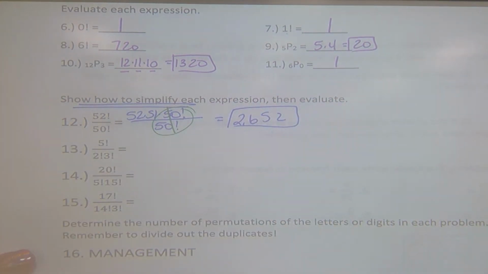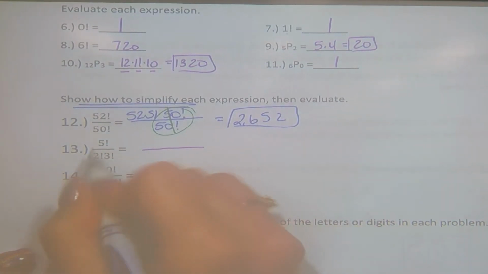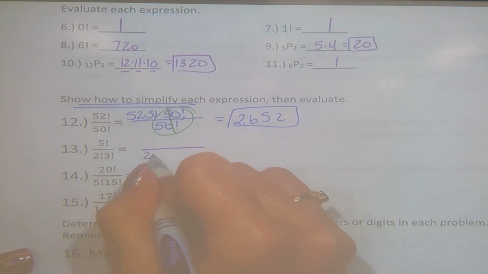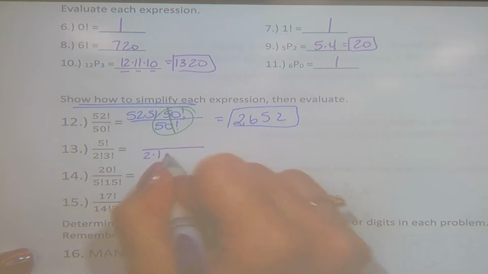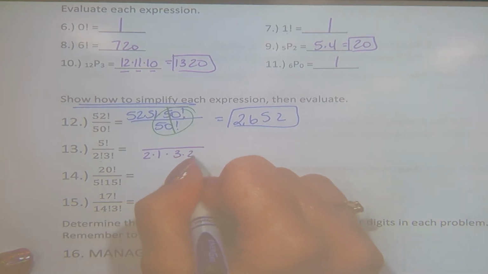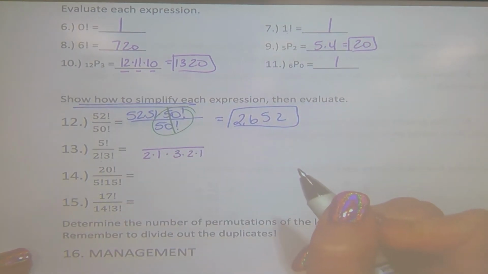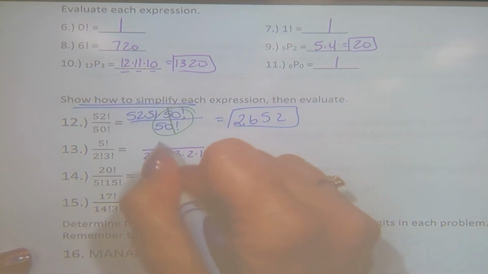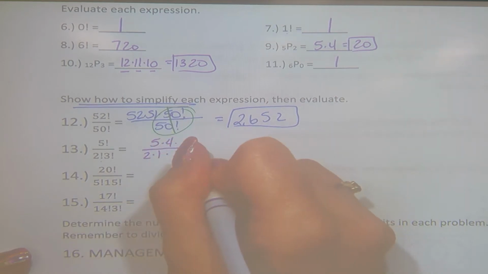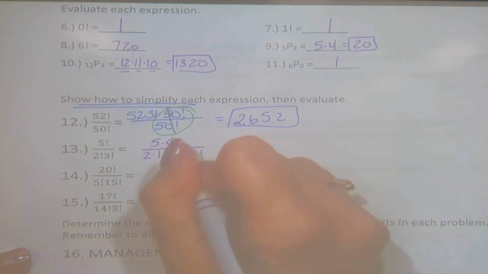For the next problem, in my denominator, I have 2 factorial, 3 factorial. Well, 2 factorial is 2 times 1. 3 factorial is 3 times 2 times 1. Make sure you include all of that. My numerator is 5 factorial. I can do 5 times 4 times 3 times 2 times 1, or I can just do 3 factorial.